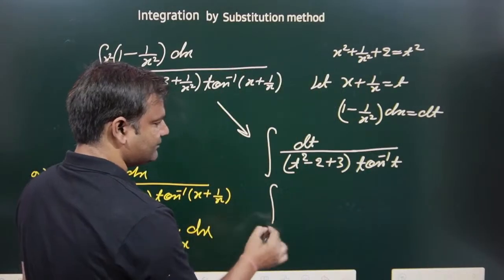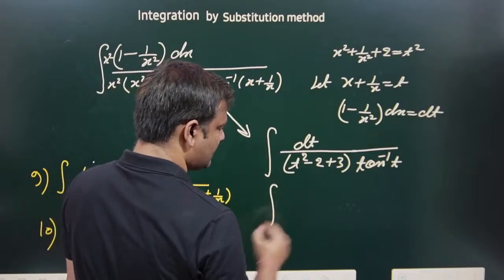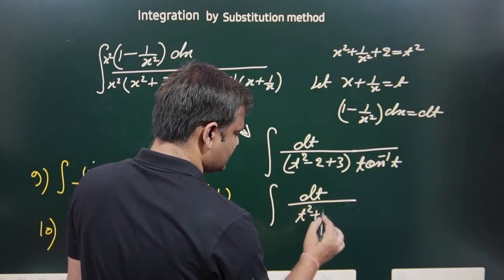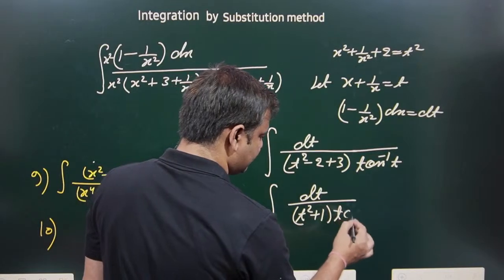After that, dt divided by t square plus 1 into tan inverse t.